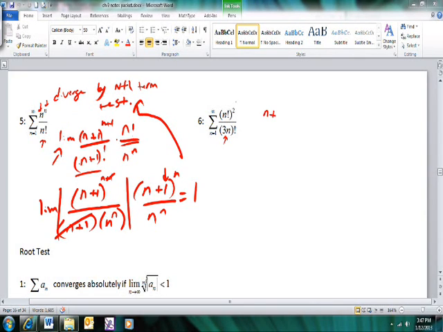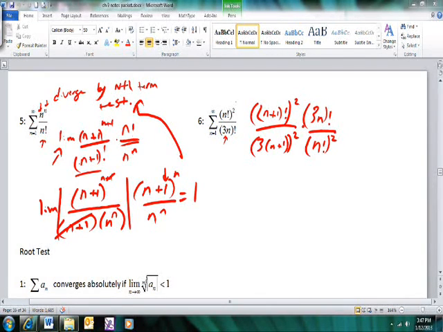So on the top, we get (n plus 1) factorial, and then all of that is being squared, divided by 3 times (n plus 1) factorial. Multiply that by 3n factorial divided by n factorial squared. All right, well, let's see, what can we do to this? Well, the bottom here is 3n plus 3 factorial, really.